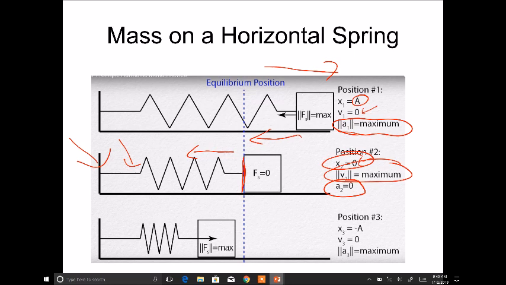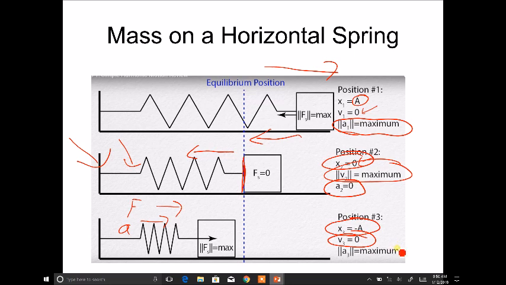Well, when it does that, the spring begins to be compressed. And now there's going to be a restoring force that's going to act in this direction. Now the acceleration is also going to act in this direction. And the speed begins to decrease. Well, that's going to continue until the object stops. So at its stopping point, it's going to be at its maximum negative displacement. Notice that it's a negative amplitude. It's going to stop at that point, so its speed is going to be 0.